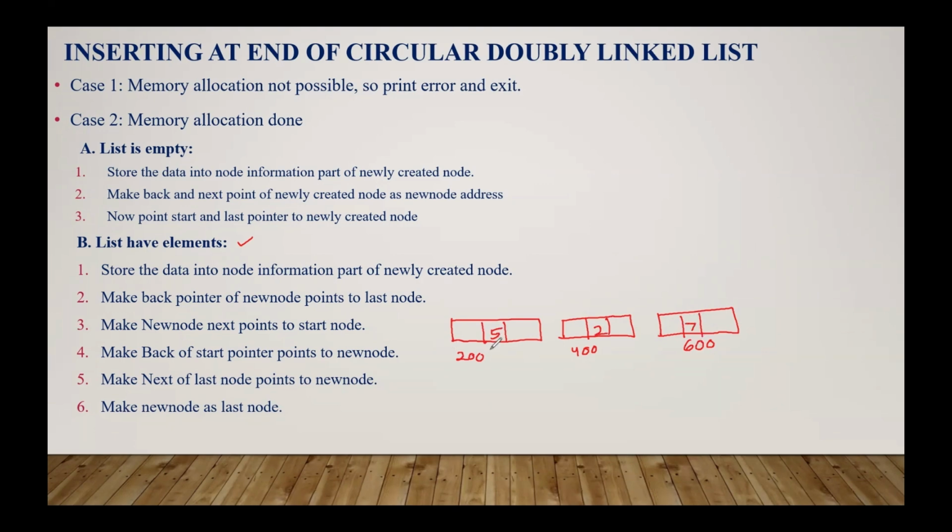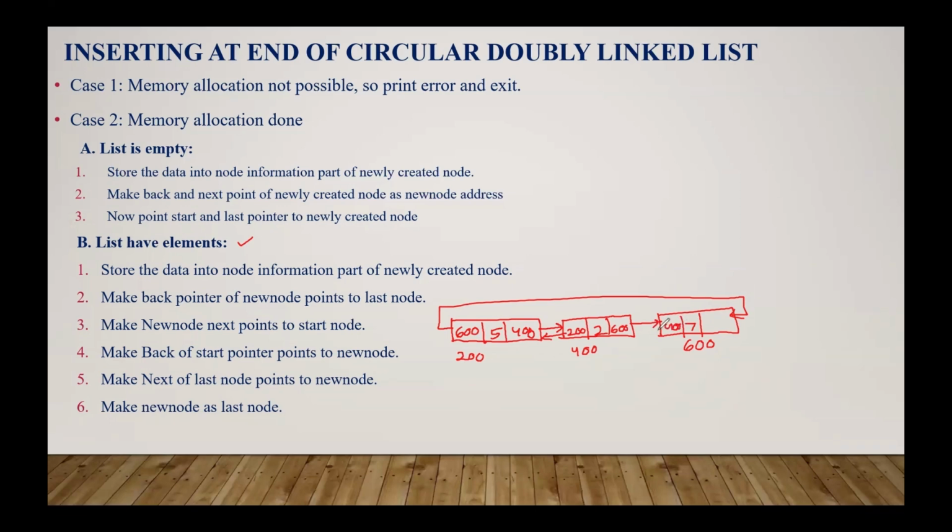So now it is a circular double linked list. The first node's back stores which address? The last node's address, so 600. Now it points to this node. You store the next address 400. This node stores the address of the previous node, 200, and the next address 600.